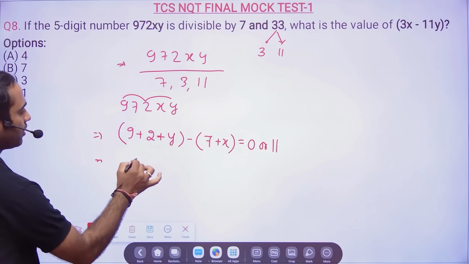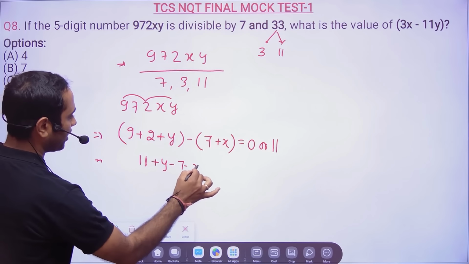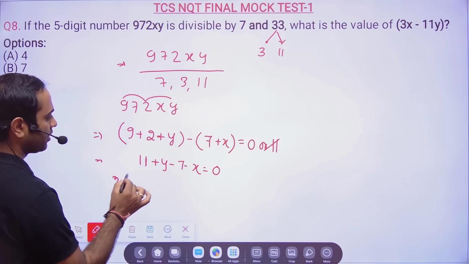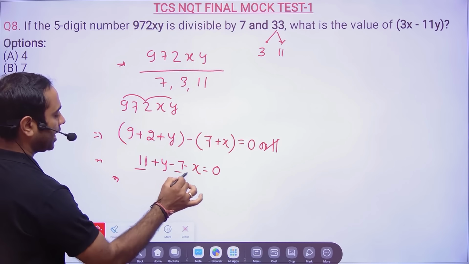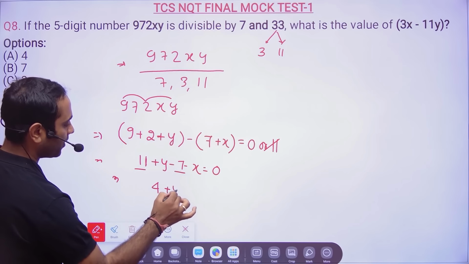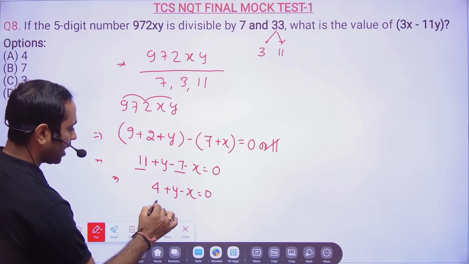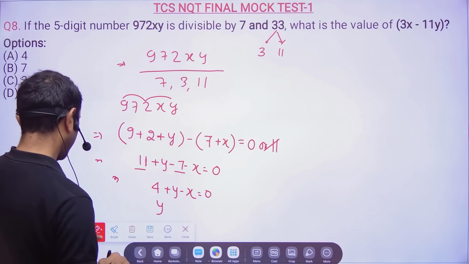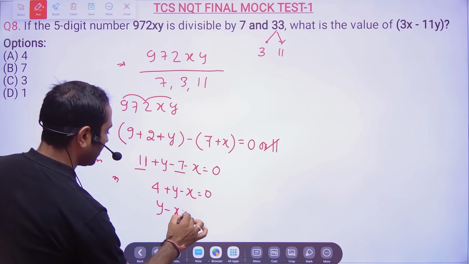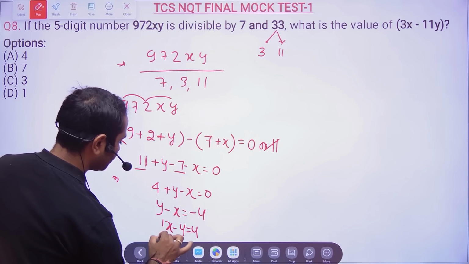So 9 plus 2 is 11, 11 plus y minus 7 minus x, so let's say 0, and later on we'll calculate for 11 if required. 11 minus 7 will be 4, 4 plus y minus x is 0. So y minus x will be equal to minus 4, so x minus y will be equal to 4.